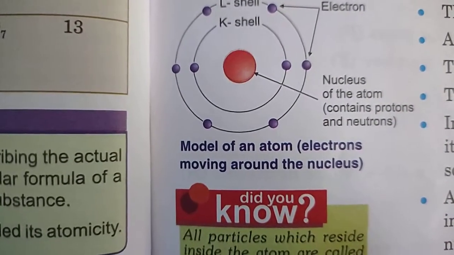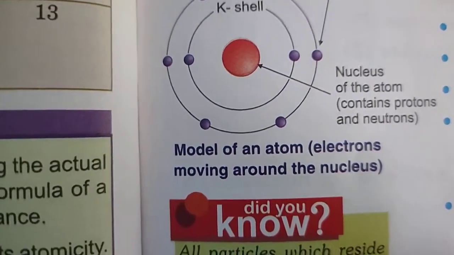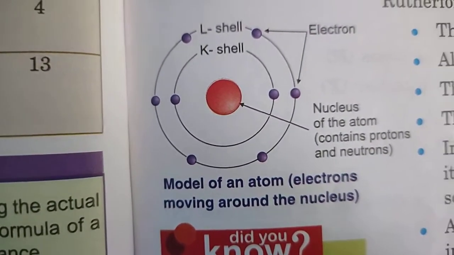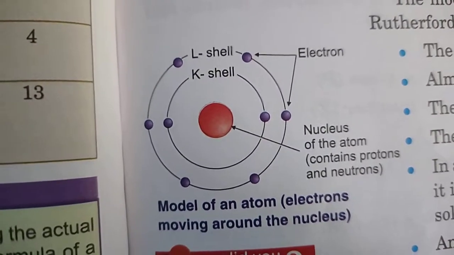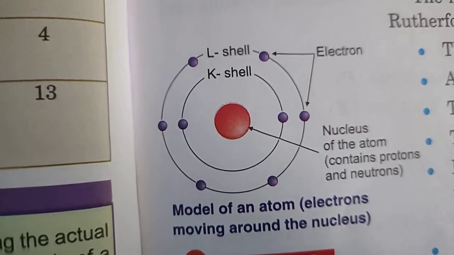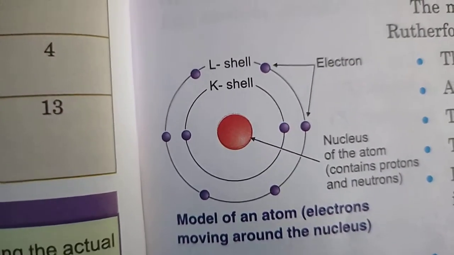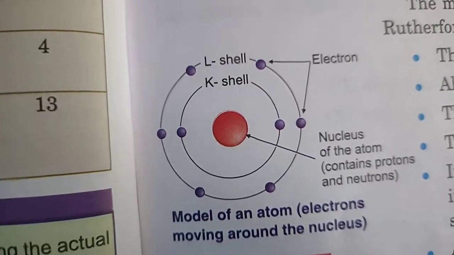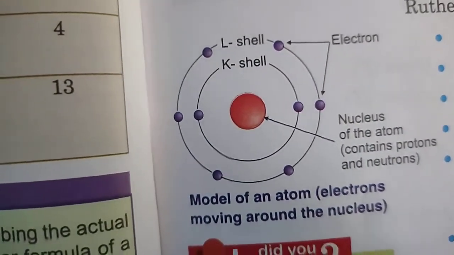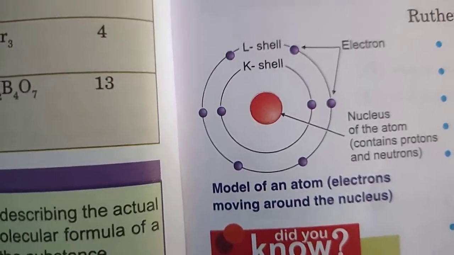The nucleus consists of protons and neutrons. The nucleus of a hydrogen atom, however, consists of only one proton. As you know, hydrogen has atomic number 1, meaning one proton and one electron. In hydrogen, no neutron is there. Only one proton.